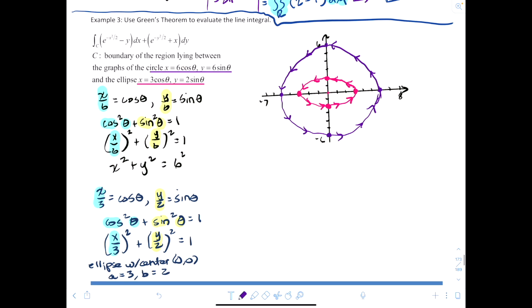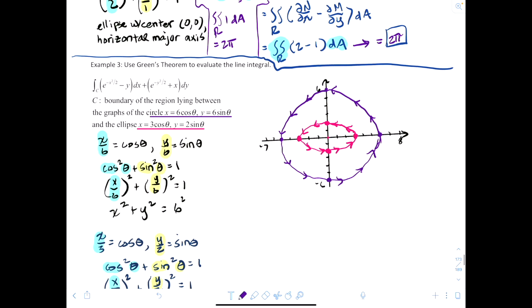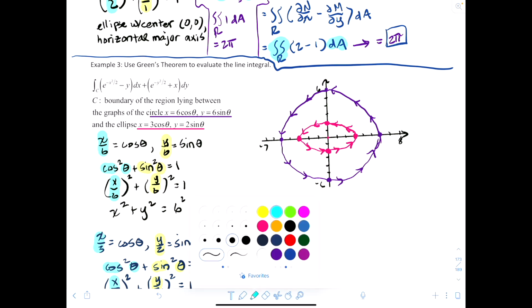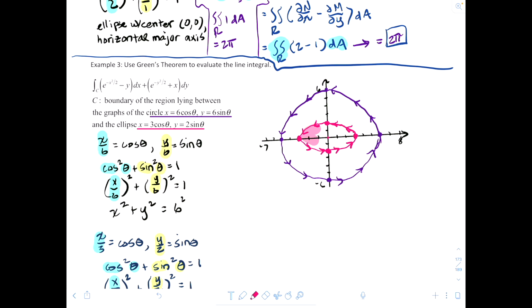The reason why it's going to be cool to use it is because we are going to take this pink region right here, and we know the area of it, because we know the area for an ellipse. And we're going to subtract that from the area of this circle here.